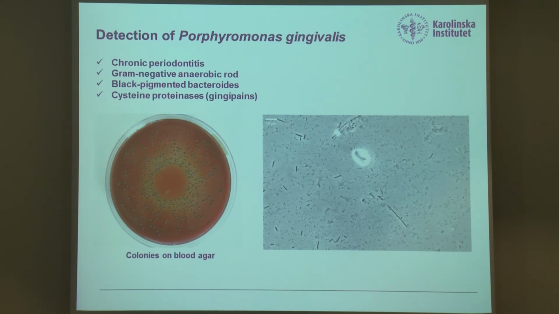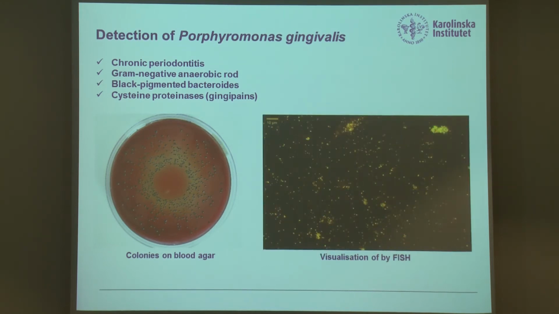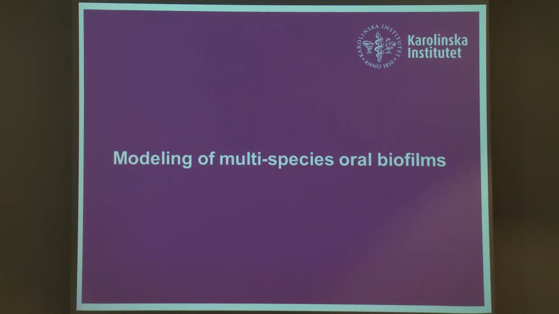Then, when we perform fluorescence in situ hybridization analysis and look under the fluorescence microscope, you can actually identify specifically where P. gingivalis is located. And you can see either single cells or clumps or aggregates of P. gingivalis. And this is a pretty good proportion actually of microorganisms within a given sample. So P. gingivalis is highly represented in a biofilm sample of chronic periodontal disease.